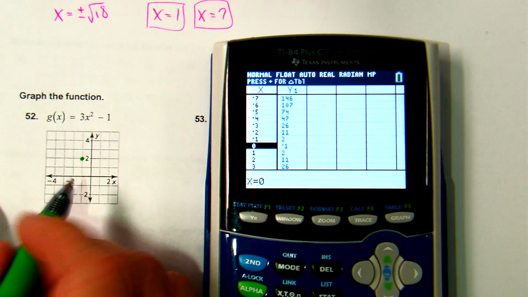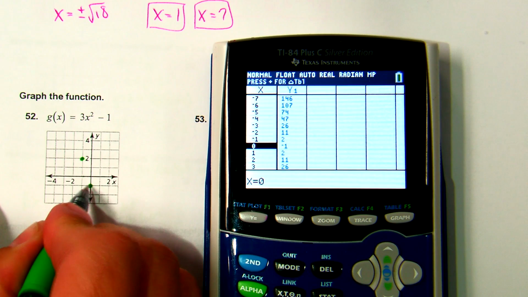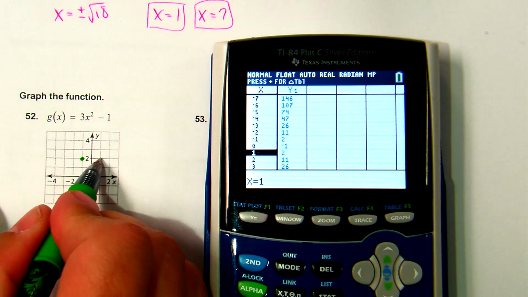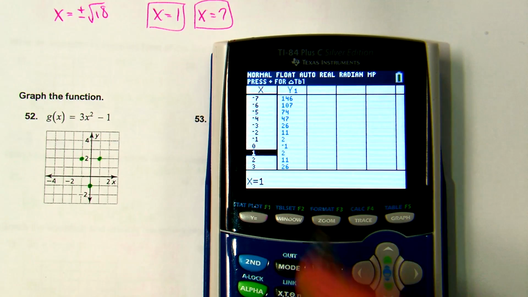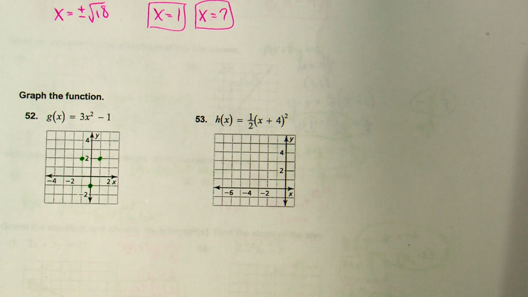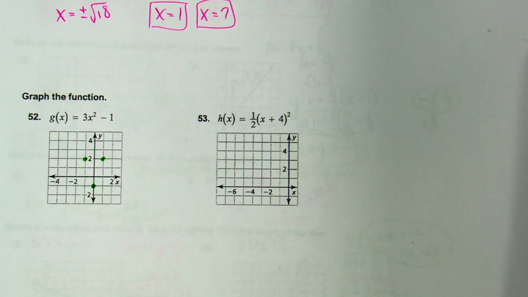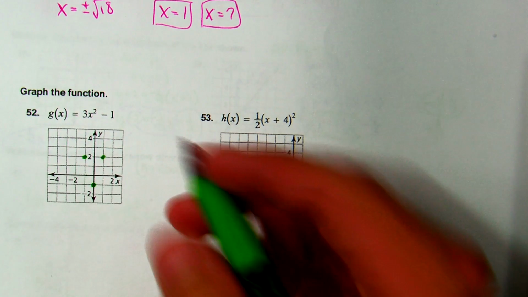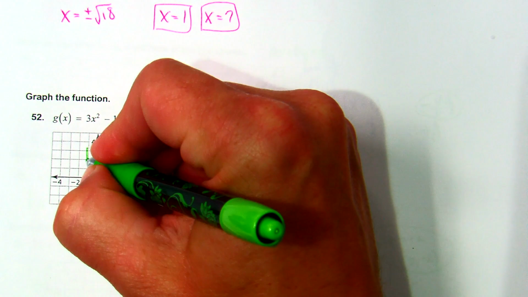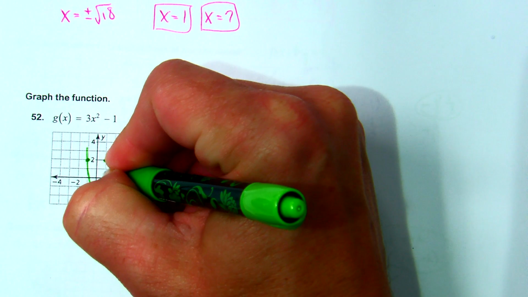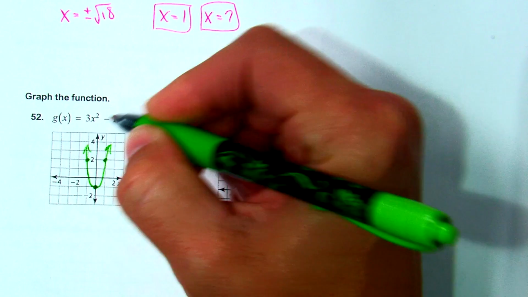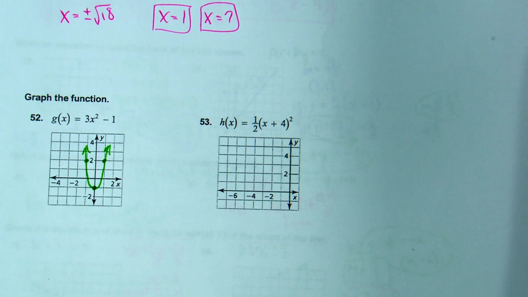At 0, I can put a negative 1. And at 1, I can put another 2. Really, that's enough. The other ones are going to be 11, which is going to be off my page here. So I can graph this pretty easily. I know this is a quadratic, so I'm going to come down here and then go back up this way. And so that's my graph. I put 3 points on there and drew my graph.